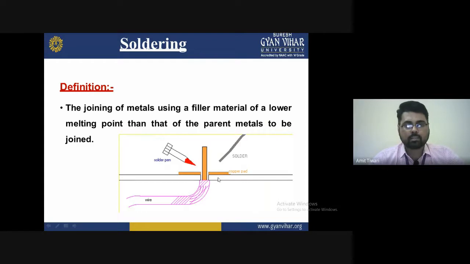It is the simplest method of joining, and there is no complication. For the area you want to join, just touch the solder there and pass the flame from the oxygen, and the filler metal melts and fills up the gap. When it solidifies, it makes a permanent joint as a weld.